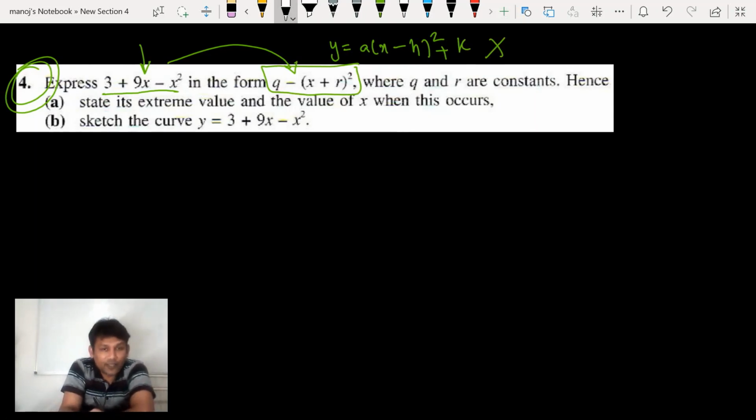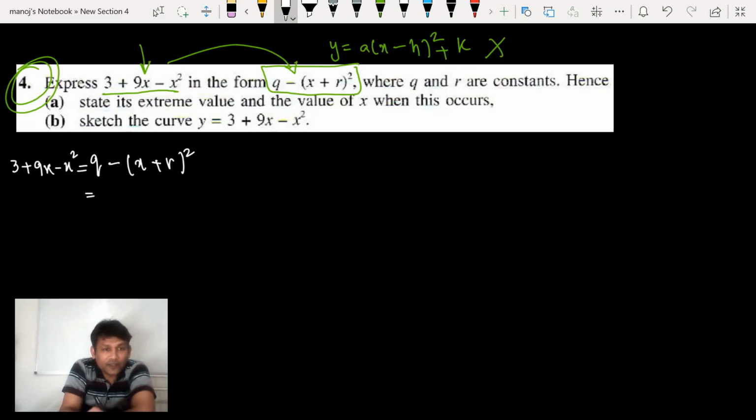What is the method here? You have to use this part. First of all, q minus (x plus r) whole squared is equal to this part, 3 plus 9x minus x squared.